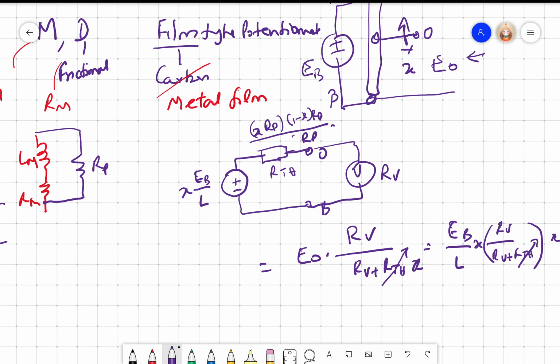RV was only a few hundred kilo ohms you can get, but in the electronics world of today we can get a few mega ohms or a few tens of mega ohms as RV, so it's not a big problem. If I use a 10K potentiometer and my measuring circuit has 1 mega ohm impedance, the nonlinearity will be small, but there will be some nonlinearity because of the loading, right?